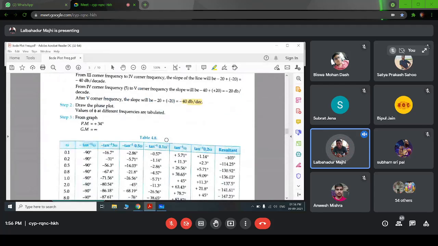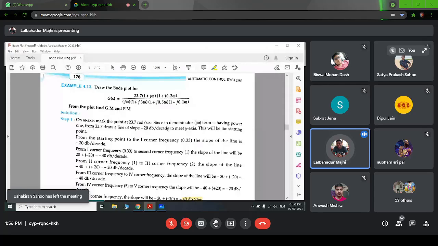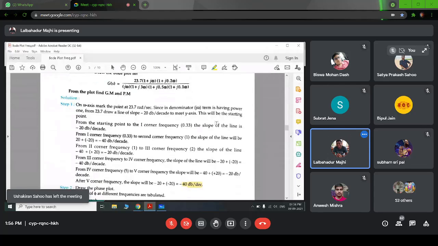So first we decide the corner frequencies. The first corner frequency, from this pole, is 0.33. The 0.33 is our first corner frequency.